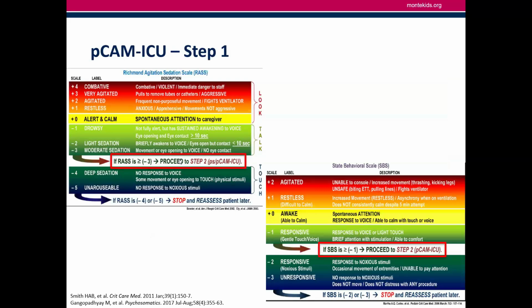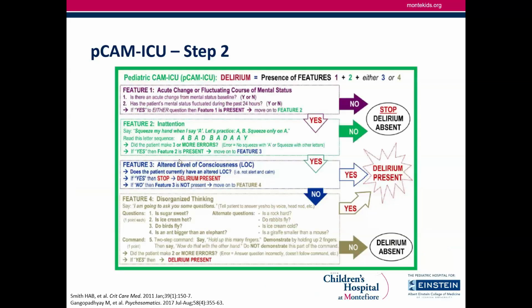So for patients that are too sedated, if they're -4 or -5 on the RASS scale, or if they're -2 or -3 on the SBS scale, we unfortunately would not be able to assess for delirium, and we'd have to end the assessment right there. However, if they're not as sedated, because there is direct cooperation involved, we would move on to the next step to assess if they're positive for delirium or not.